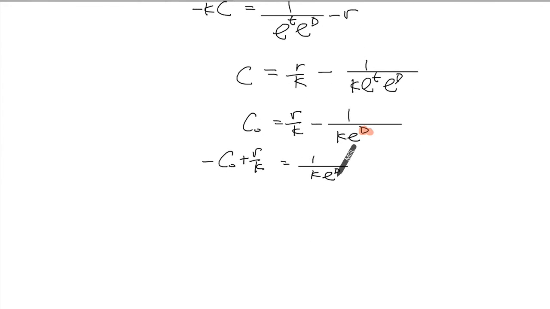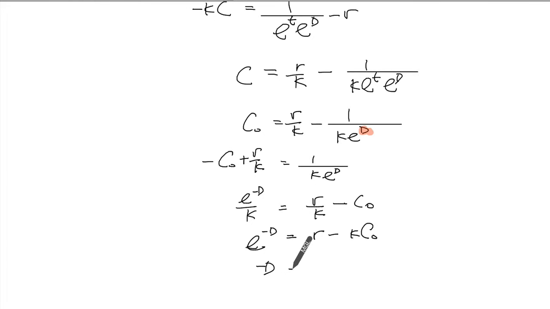Okay, so that's the same as e to the power of minus D over k is equal to r over k. Okay, multiply both sides by k, and we ln both sides. You get minus D is equal to the ln of r minus kC0.